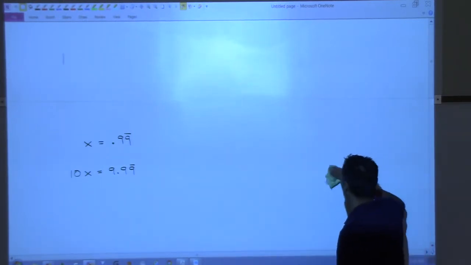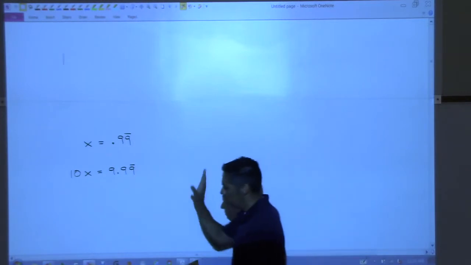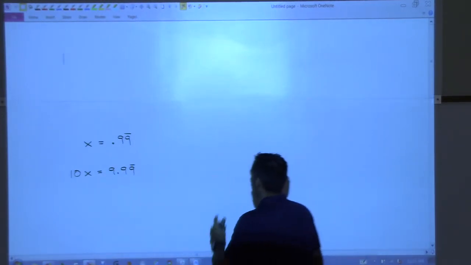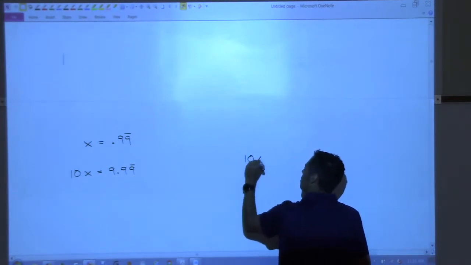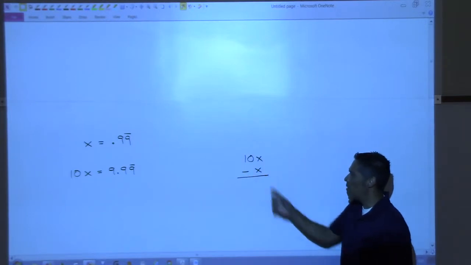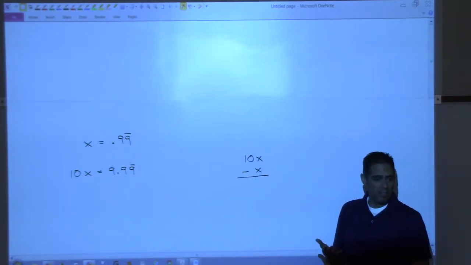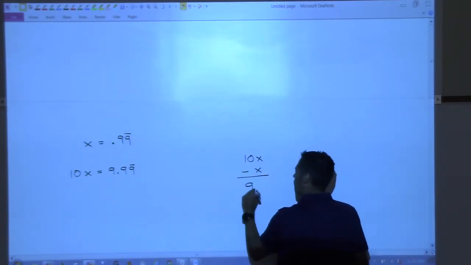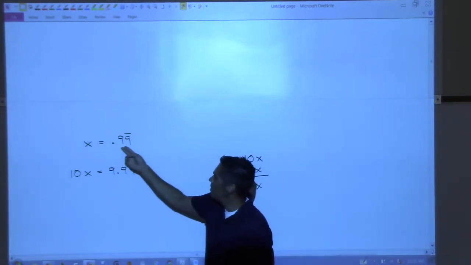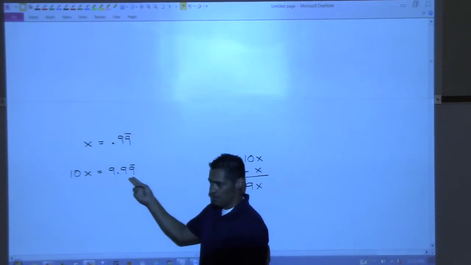All right, so now just for a second, pause on this, forget the 0.999s. Let me just ask you this question. What's 10x take away an x? So if I have 10 x's and I take away 1 x, how many x's do I have? 9 x's? Agreed? But according to this, if I define x to be this, then 10 times x is this, right?